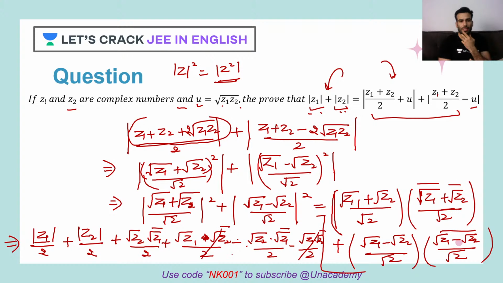So this term, this term, this term, everything will cancel out. So only the remaining terms, yes, we will have this term also remaining from this second term.